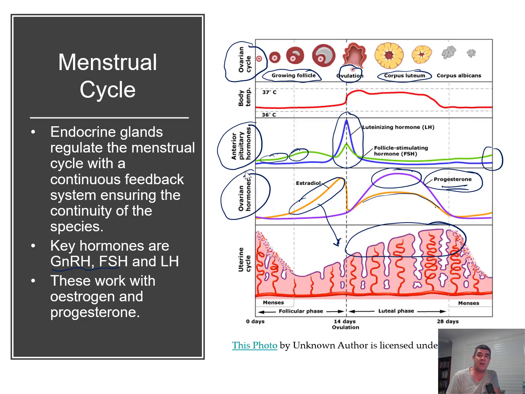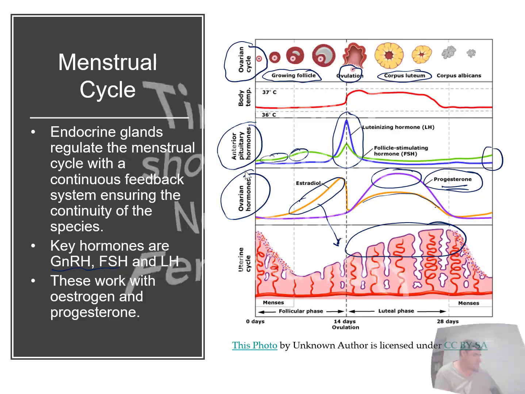Specifically from the follicle in the case of progesterone, and from the ovaries in the case of estradiol, as the egg is maturing and then being released by the follicle. So this is one way of looking at hormones, and specifically how they regulate the menstrual cycle.